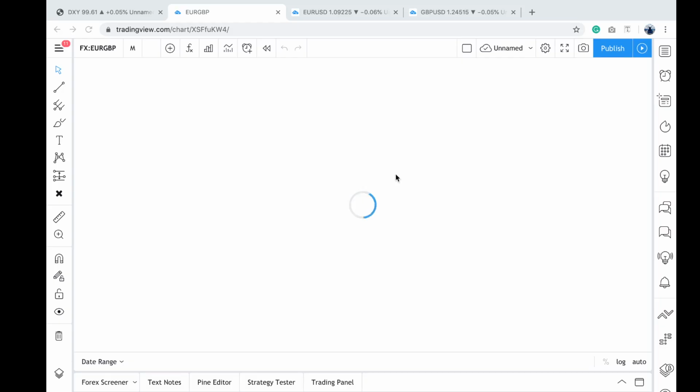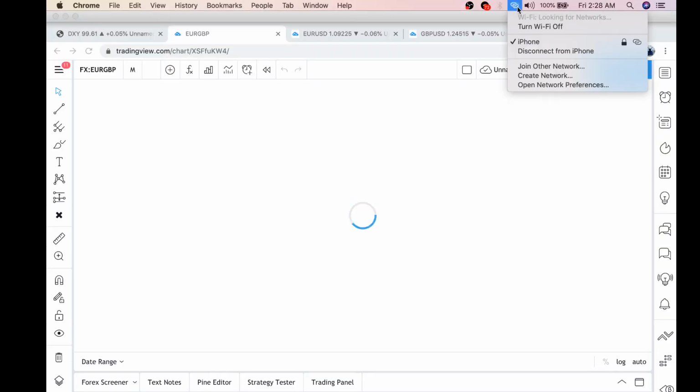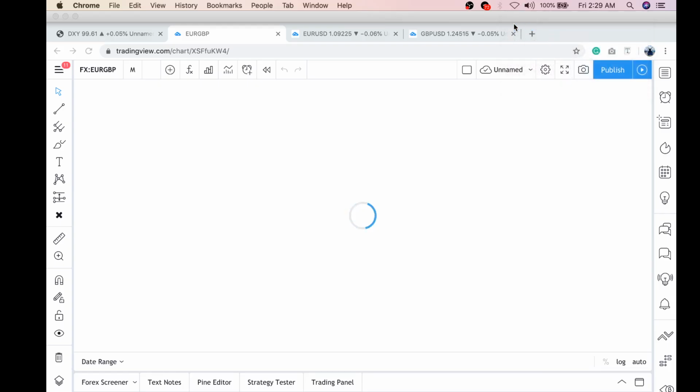I'm having an unbearably tough time with my Wi-Fi currently. Okay, this is still loading. There's actually something wrong, so I'm going to ask you guys a quick favor. Can you give me about a minute to get this fixed? I promise in a minute I'll get this fixed, then we'll come back to what we're doing.